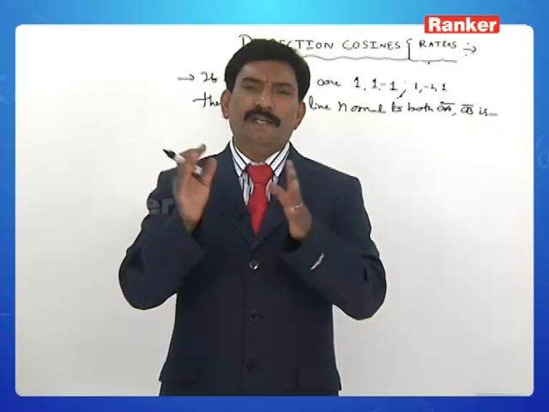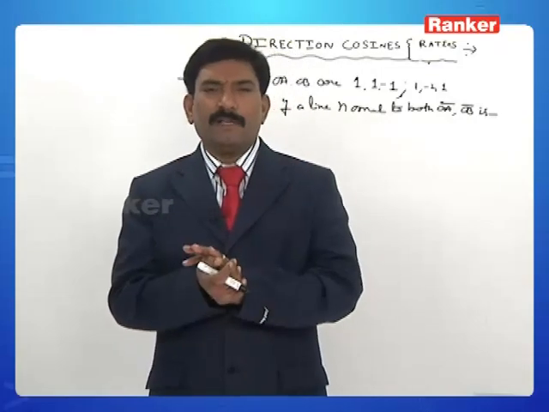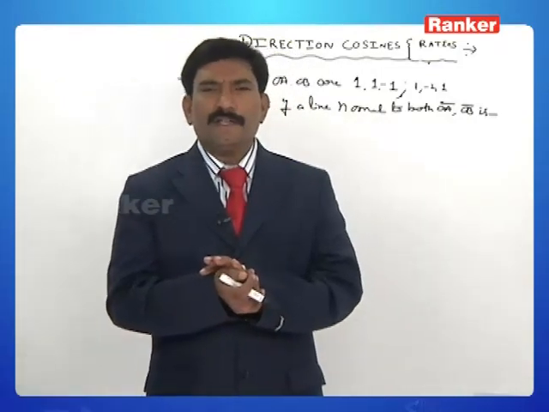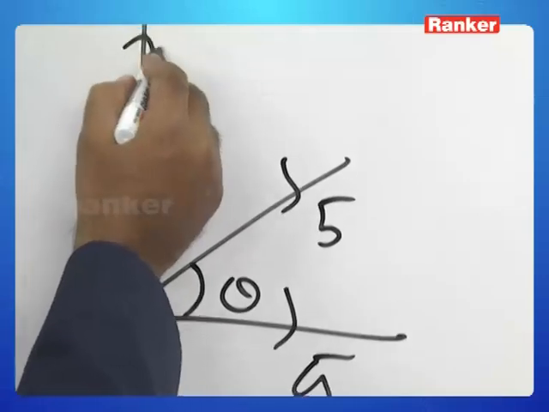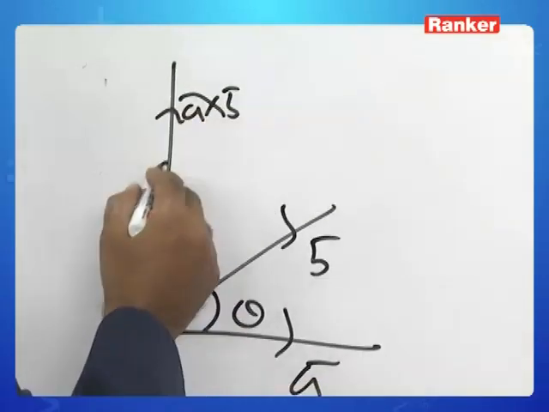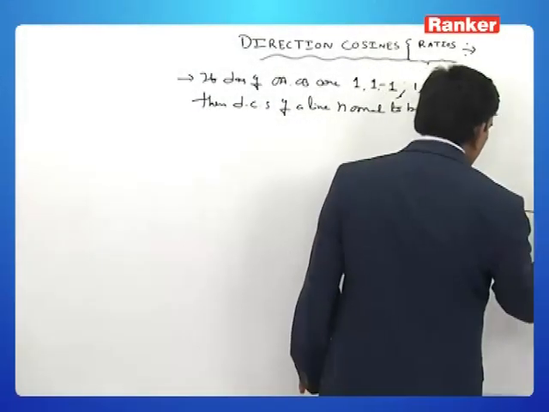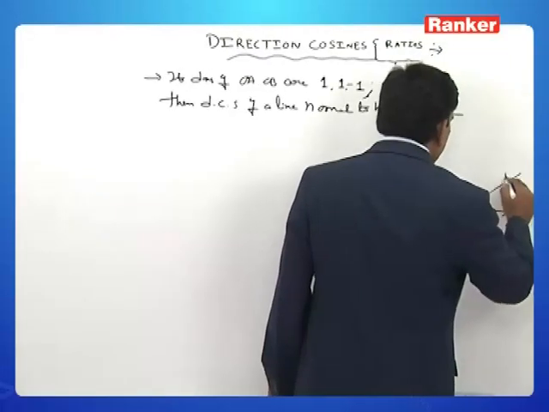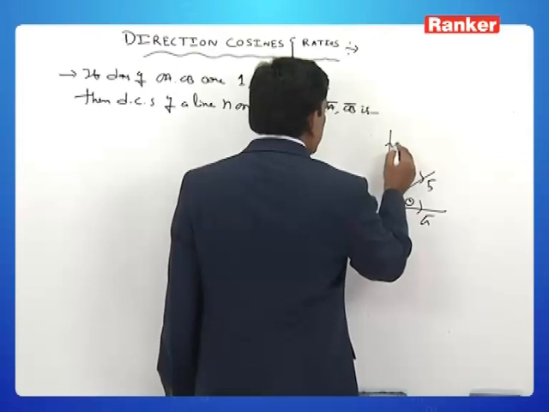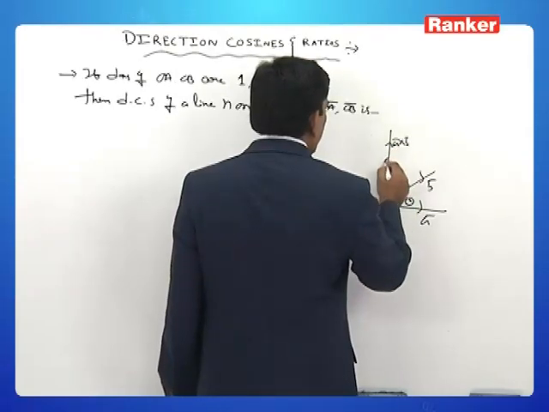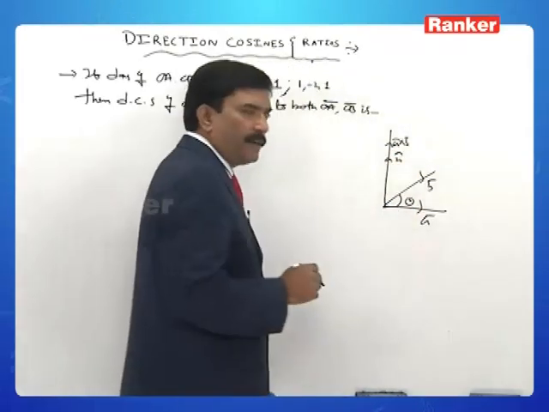Instead of that, I go for another method, taking a lift from vector algebra by using the cross product of two vectors. If I take this as A bar and this as B bar, and theta is the angle between them, then this is A bar cross B bar, which is collinear with n cap.